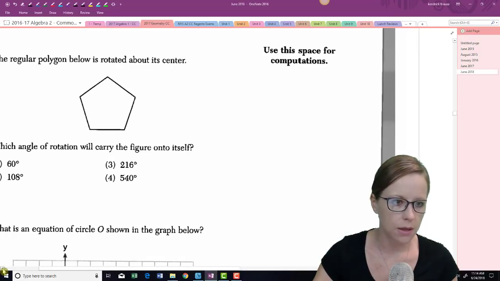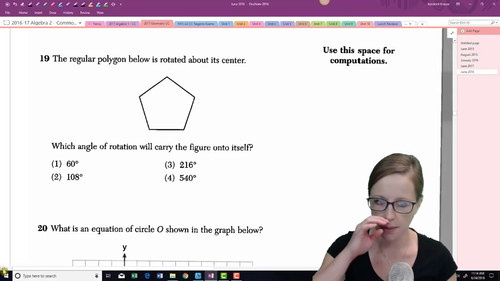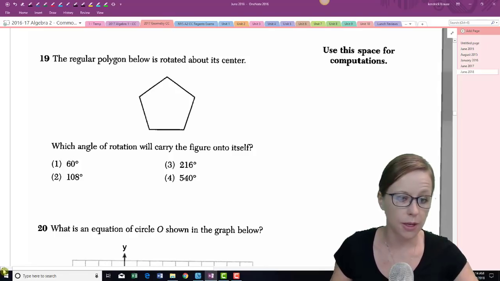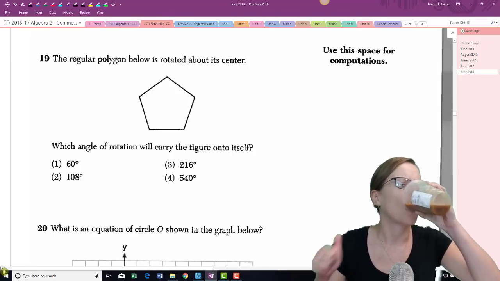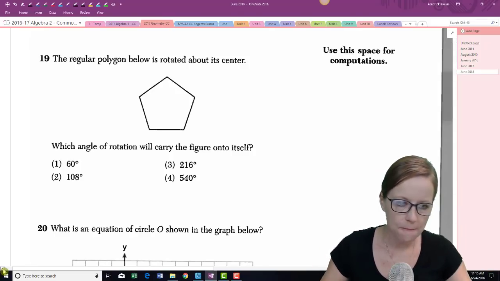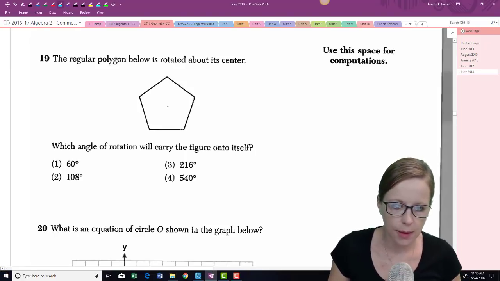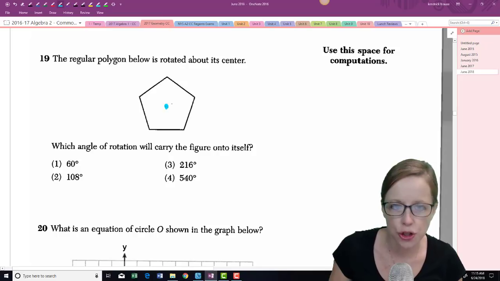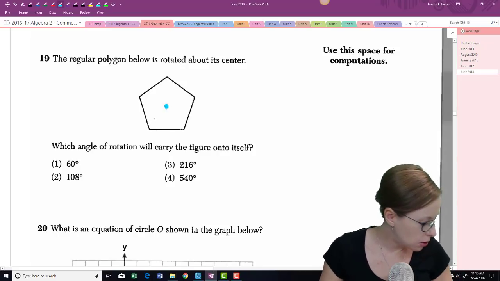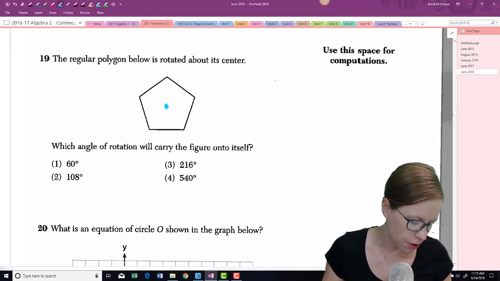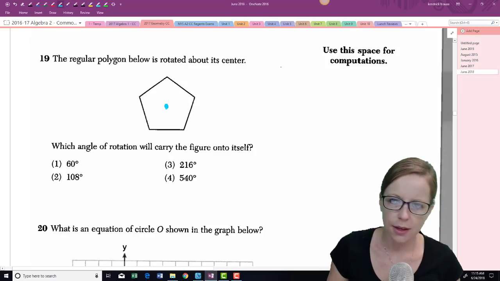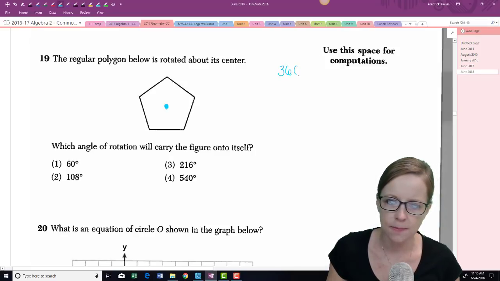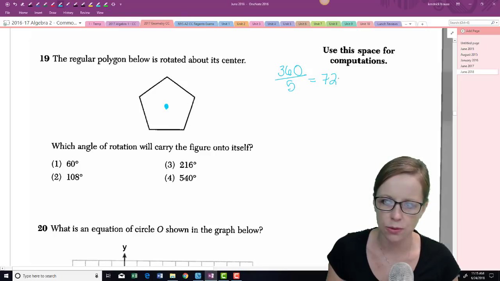Okay, fine. Regular polygon rotated about its center. Which angle of rotation will carry it onto itself? Well, try to put a center in there to the best of your drawing abilities. Okay, so the exterior angle of rotation, right, 360 divided by 5 is equal to 72 degrees.